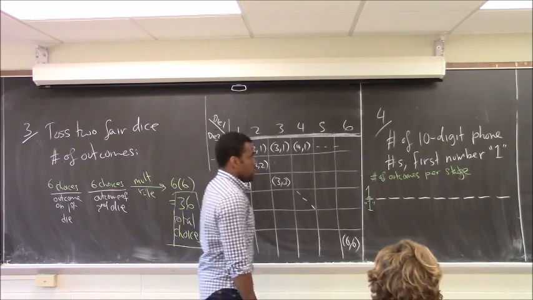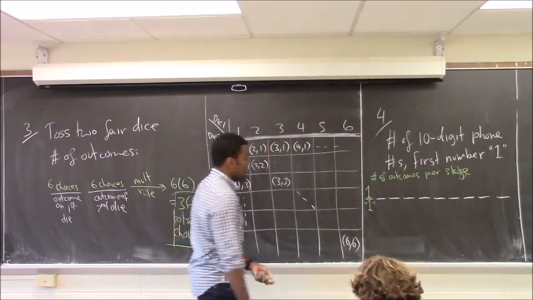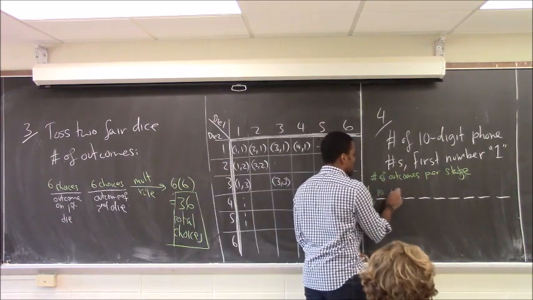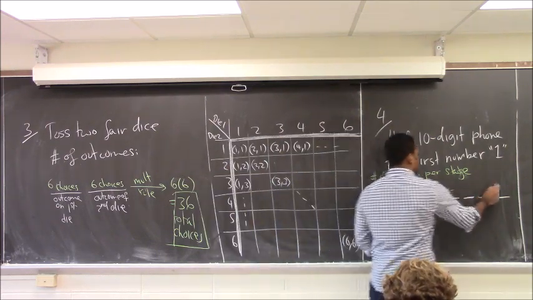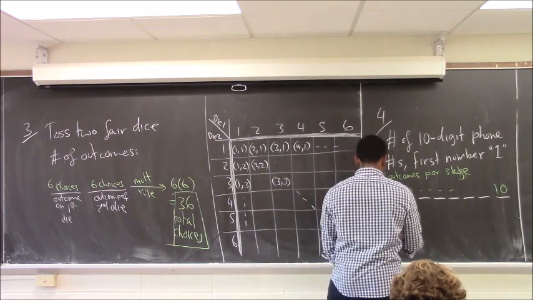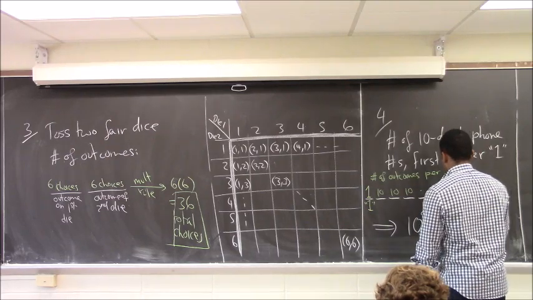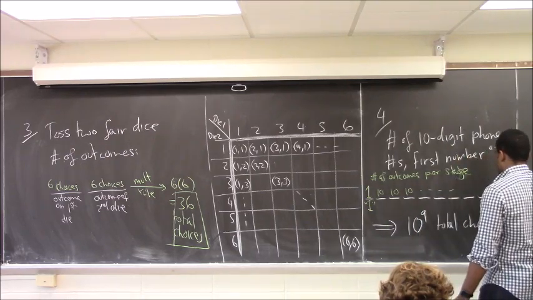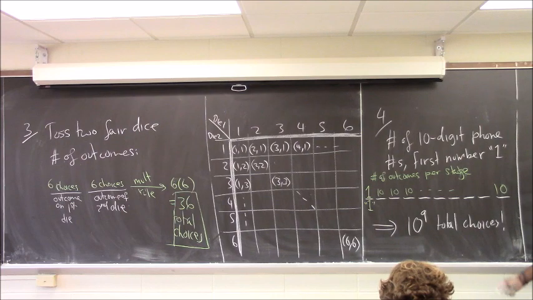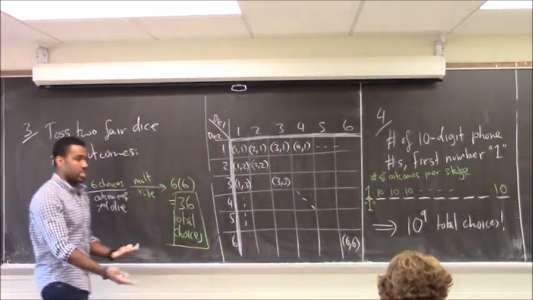After that, you have 10 choices, because you can choose any of the digits between 0 and 9. So there are going to be 10 choices here, 10 choices there, 10 choices here, all the way down to 10 choices at the end. And the multiplication rule says there are 10 to the 9 total choices. So you can think of a phone number as a 10-stage experiment.